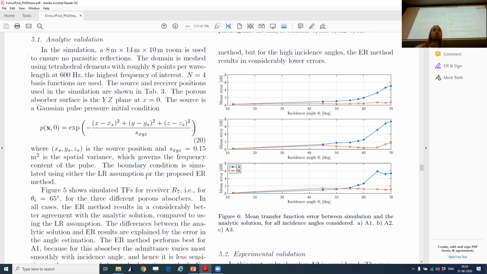I don't solve the forced system. I solve the unforced system with an initial condition. So it's just an initial condition in the pressure. And the spatial width of it, is that influencing the frequency content? Yeah. Okay. So the narrower the pulse in space.